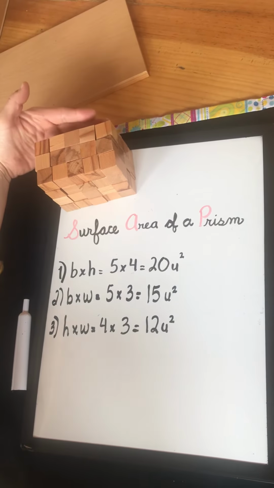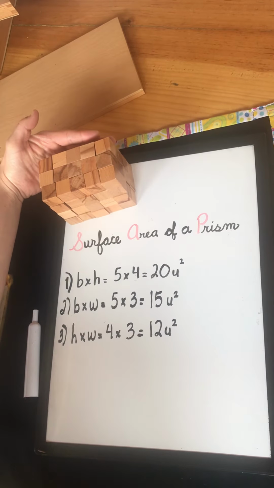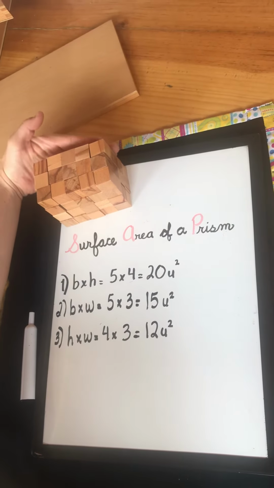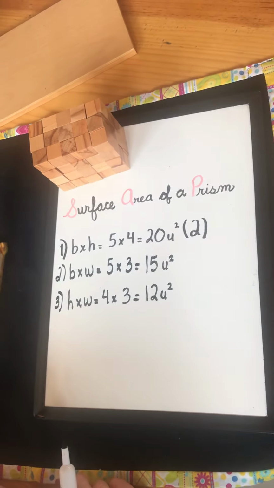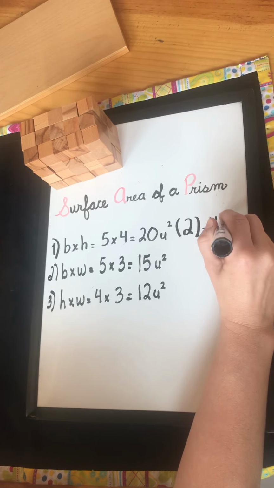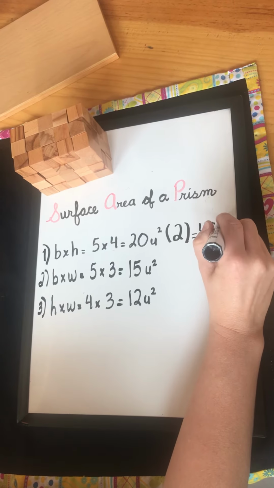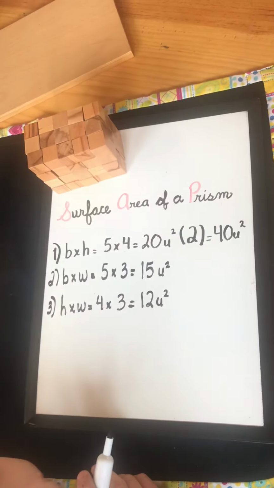If it was drawn on a paper, I would understand that this face is the same as this one. So I need to multiply the area of this face by 2, because I have it 2 times. That would give us 20 times 2, which is 40 square units for the area of these 2 faces.